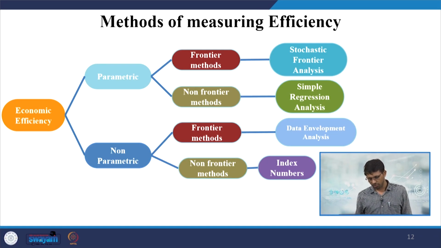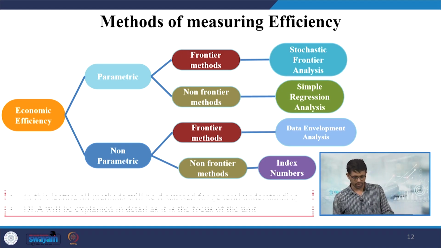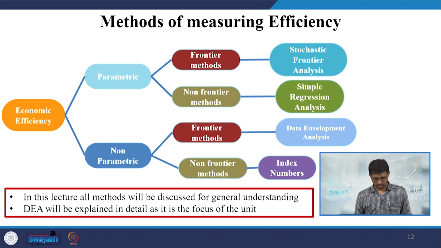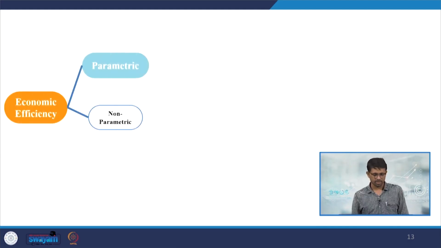The envelope of all the variables is discussed, how far we are enveloping, we are going to discuss in a short while. And for non-frontier methods in the non-parametric structure, we will be using index numbers. However, we are not emphasizing all of these in this module. We are emphasizing DEA as per our proposed direction, as I just said.